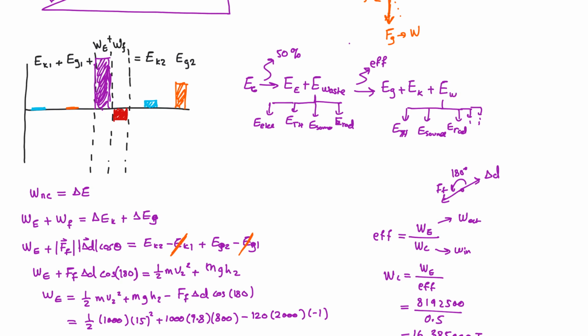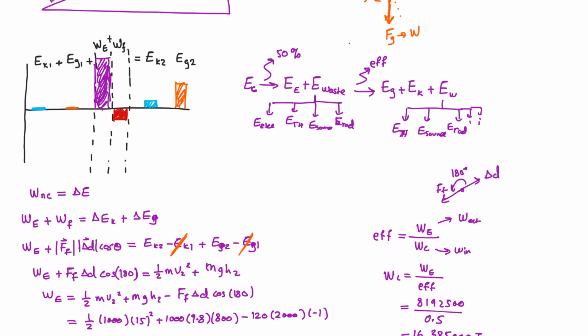The W is standing for waste. And there's an efficiency here, and there's an efficiency here. So there are 2 methods of solving this question. One of them is to find this efficiency value. This is efficiency 1, and this is efficiency 2.